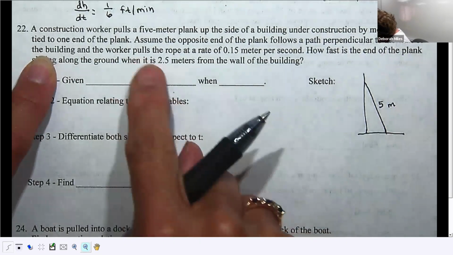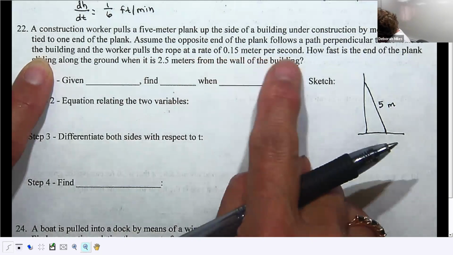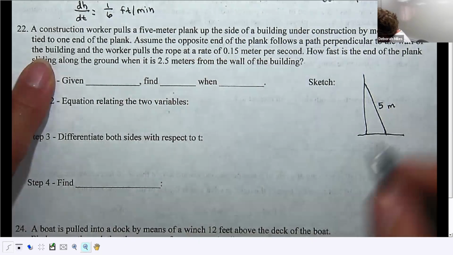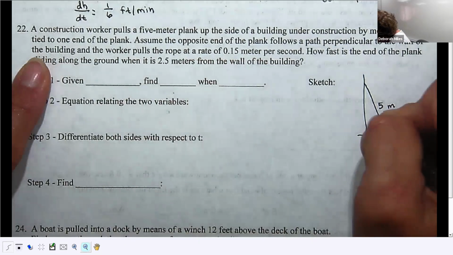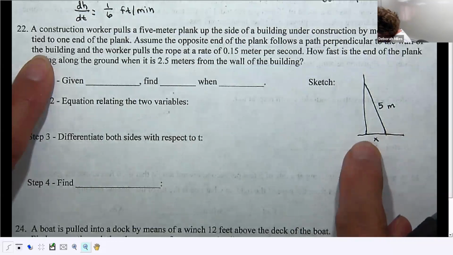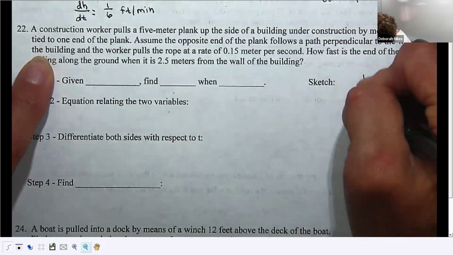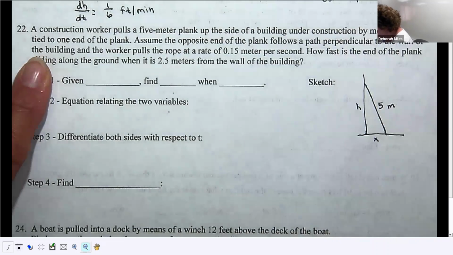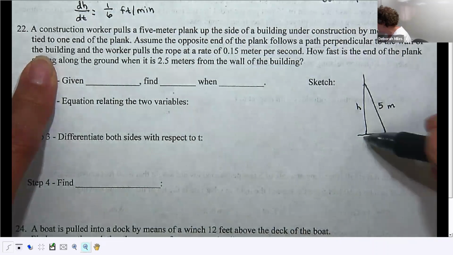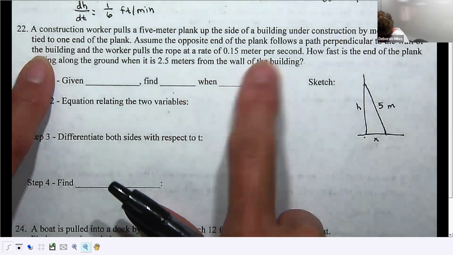The worker pulls the rope at a rate of 0.15 meters per second. Now, like the illustration that we just saw, if I let x be the distance of the bottom of the plank from the bottom of the building, then I can either let y or let h, whatever variable I want, be the distance of the top of the plank to the ground. So what is that 0.15 meters per second?